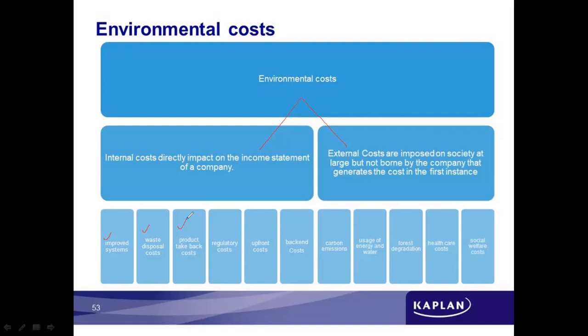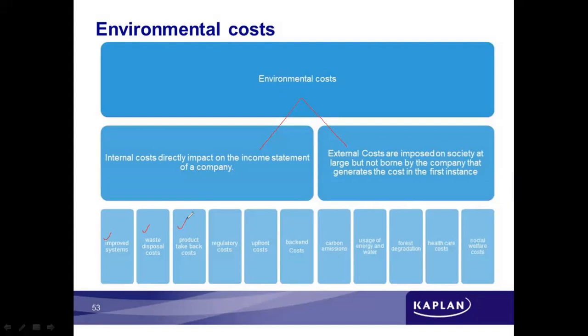In this process, there may be certain costs which they have to incur. So regulatory costs, upfront cost, and back end cost. To begin with that work, the initial cost, whatever is required, that is upfront, and then back end. Even when the unit is shut down or closed, they cannot discard the things which they have used in their industry just like that.